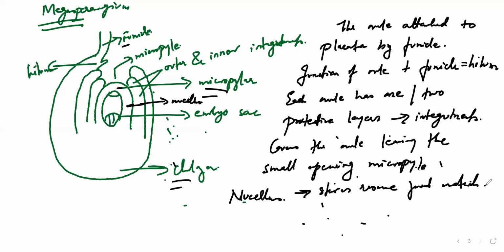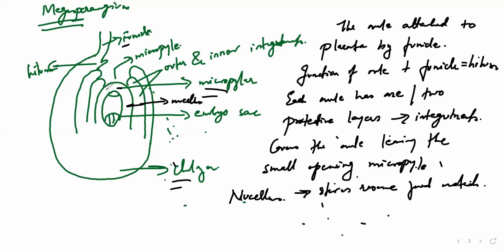Whatever the female gametophyte is, that is called the embryo sac. That is here if you see this thing. Okay, this is the embryo sac, the female gametophyte which you will find. It is located inside the nucellus because the nucellus is the place from where it is going to get the nutrition.